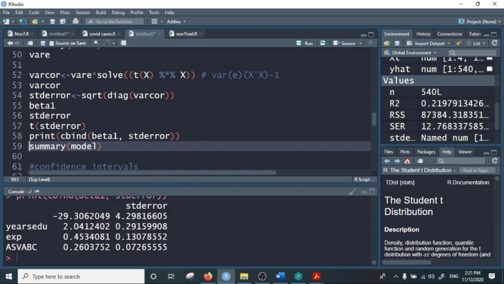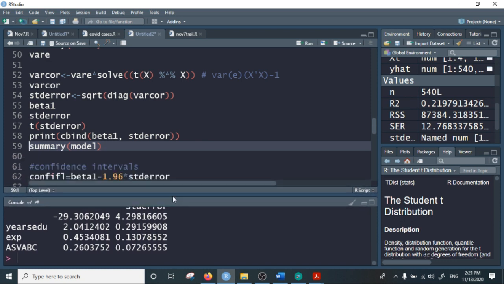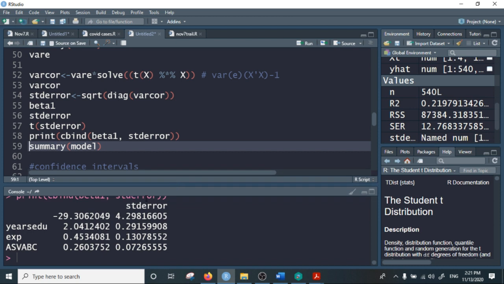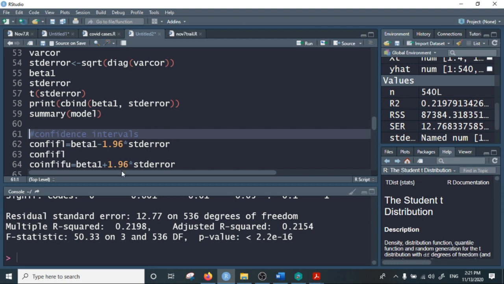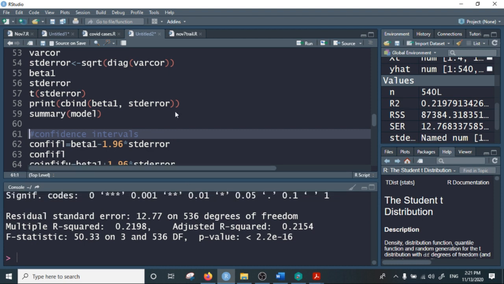And we can compare whether our standard errors are correct or not by comparing this with the result from the inbuilt LM function. We have already estimated the regression model from the LM function and saved it in the model object. We can summarize our model object.